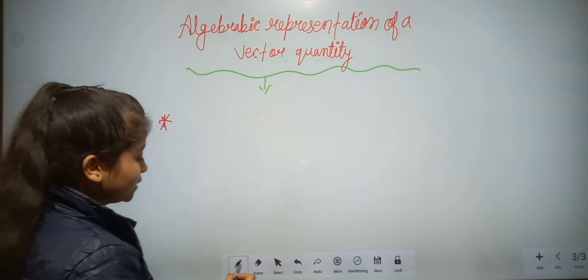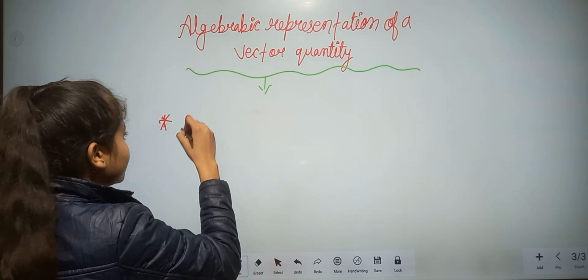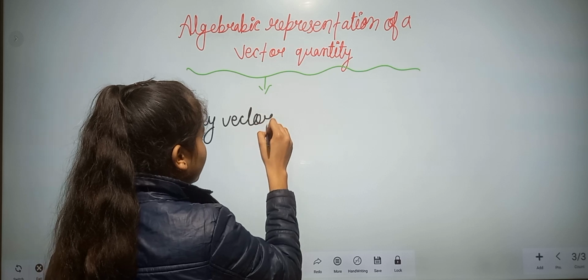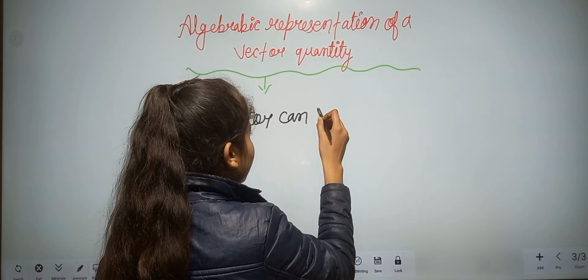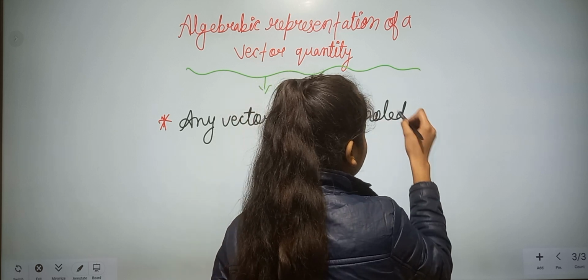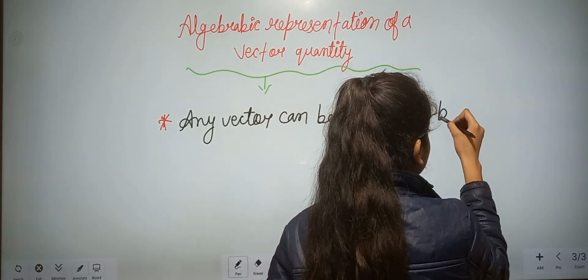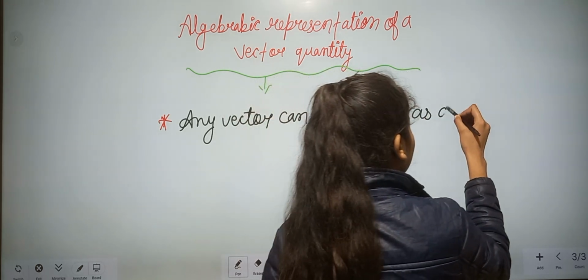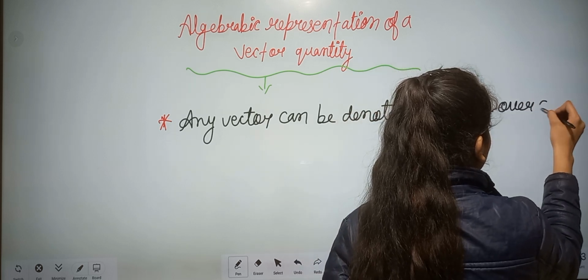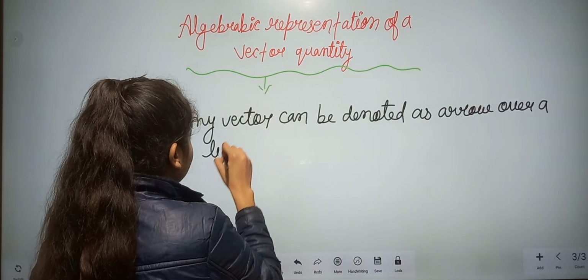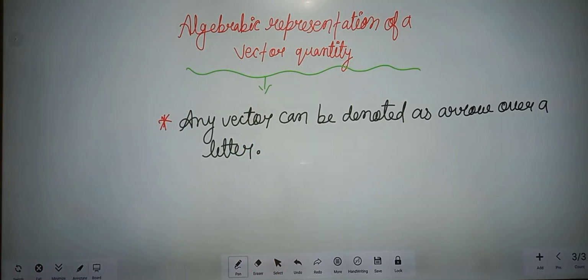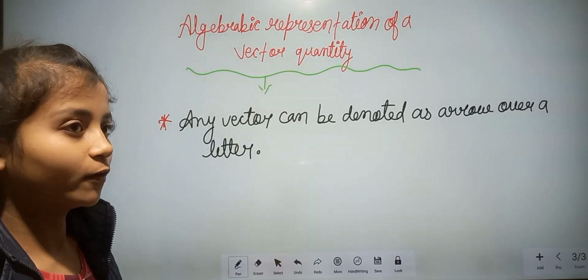So the first point is any vector can be denoted as an arrow over a letter.